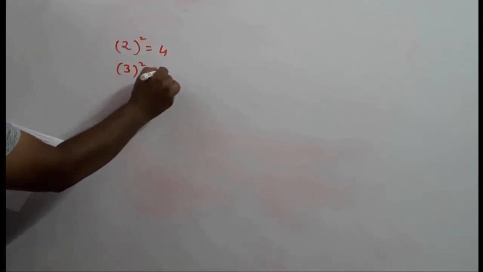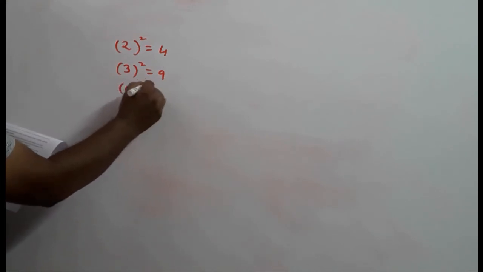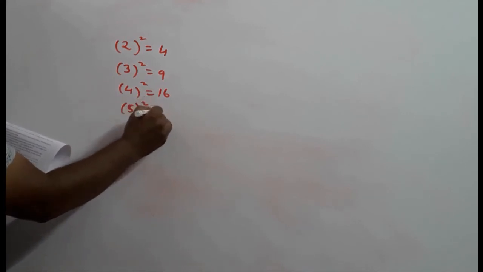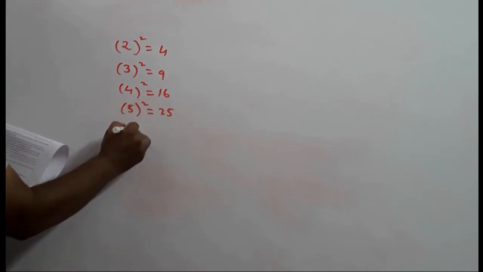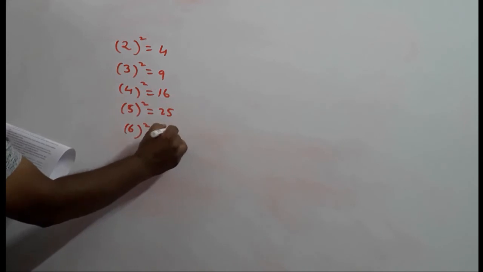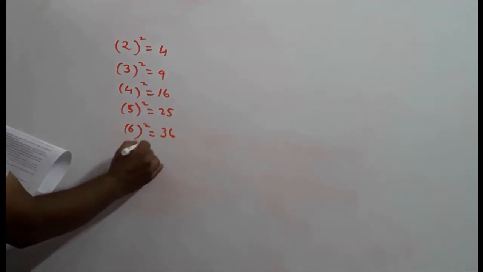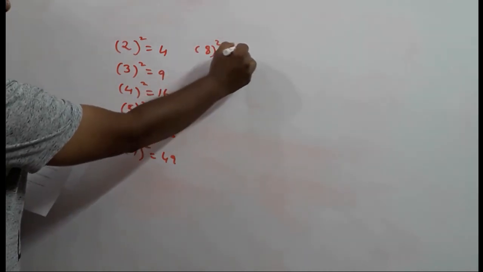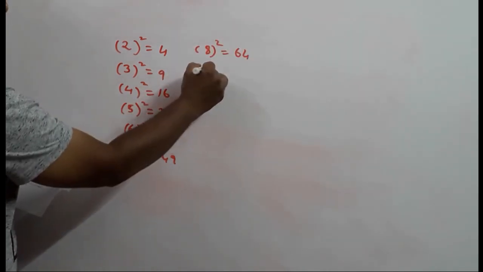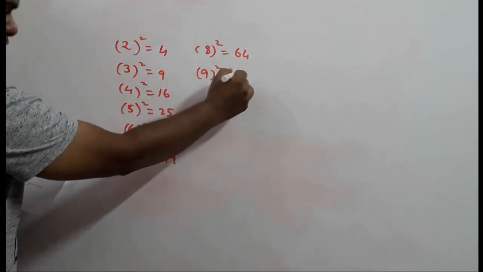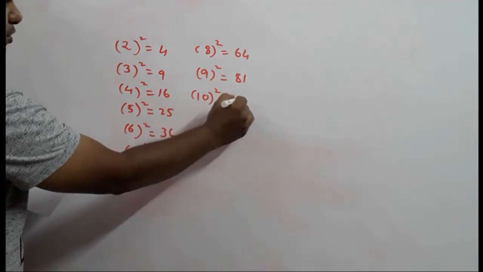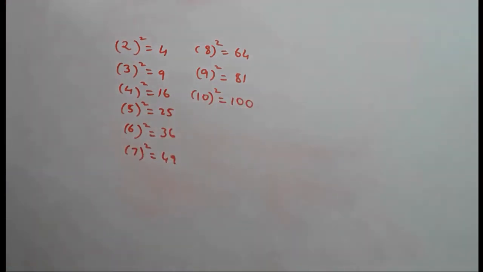So 2 square is equal to 4, 3 square is equal to 9, 4 square is equal to 16, 5 square is equal to 25, 6 square is equal to 36, 7 square is equal to 49, 8 square is equal to 64, 9 square is equal to 81, and 10 square will be equal to 100.